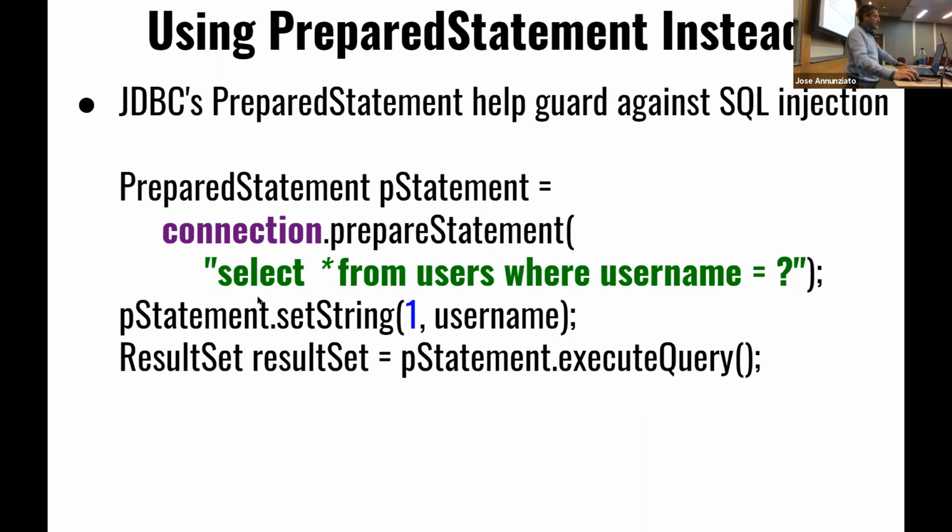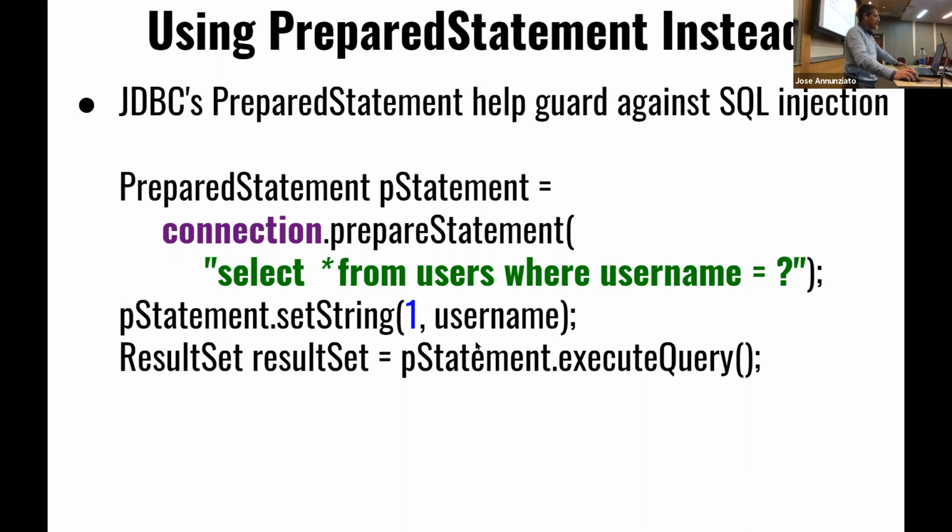So for instance, if this were a select star from users where username equals whatever, we have a placeholder. Instead of having to concatenate the username later on, you can use the statement to fill in that particular placeholder. The first placeholder, placeholder number 1, I'm putting there a username.